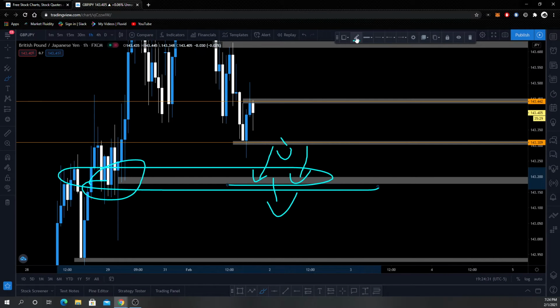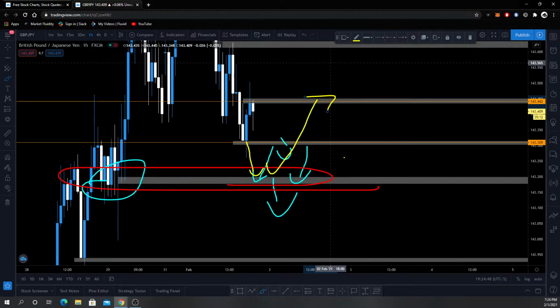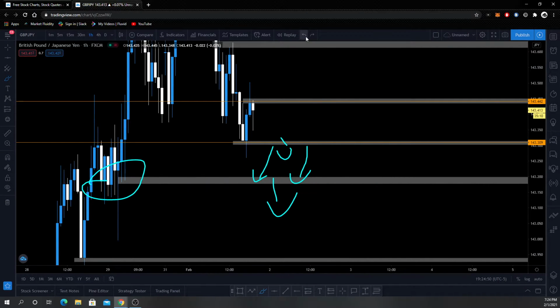Let's switch colors, let's go with yellow. So what could possibly happen is that price would fall, reject and go back upwards. Is that possible? Yes. Would it happen? I'm not sure, because we can only judge when it actually happens.